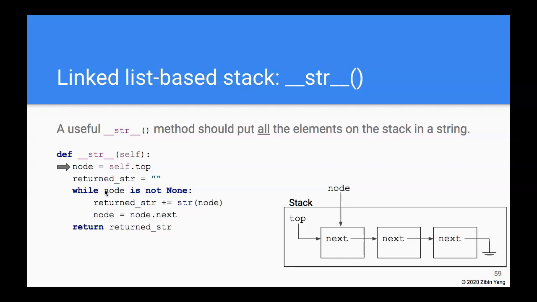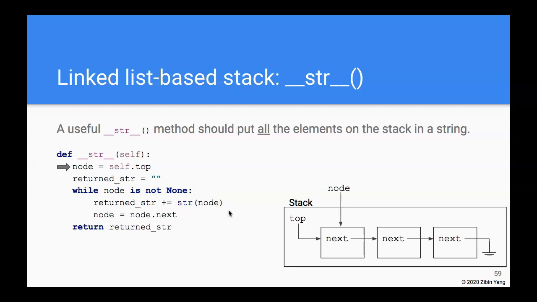Then I'm going to keep looping and move the node one node at a time until we reach the very last node, when node is actually pointing to None. And that's why the condition for the loop is while the node is not None, and we'll keep looping.